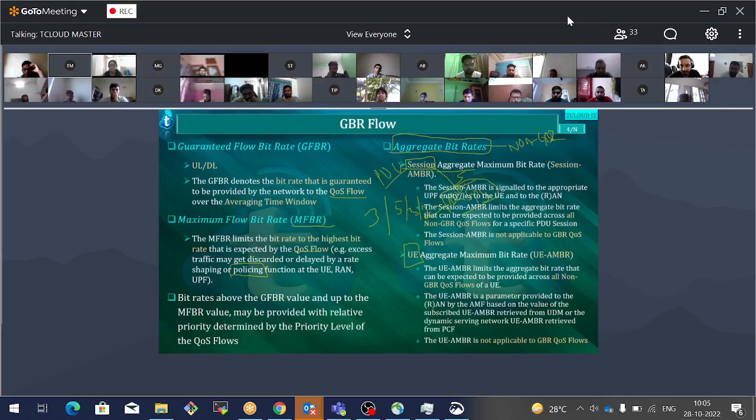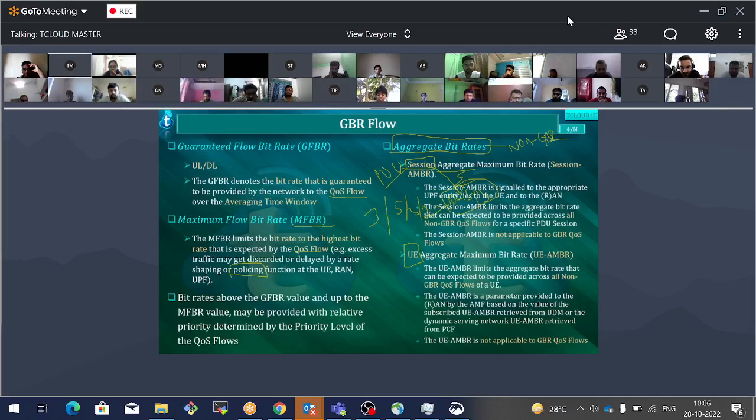Okay, one point here. A simple way of discrimination is that for guaranteed bitrate flows, you have individual characteristics. Individually, you can identify that particular QoS flow's guaranteed rate and maximum rate. When it comes to non-GBR flows, you have only aggregates, either the session level aggregate towards one data network, or the UE level aggregate, the total of all the things together.